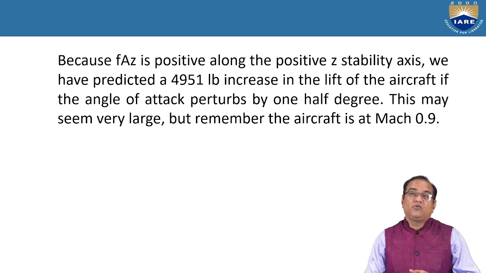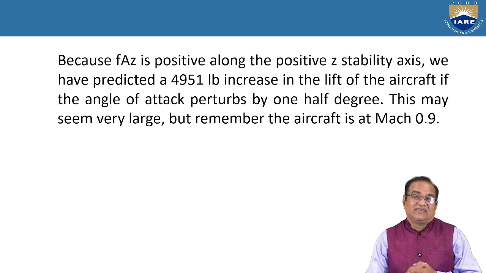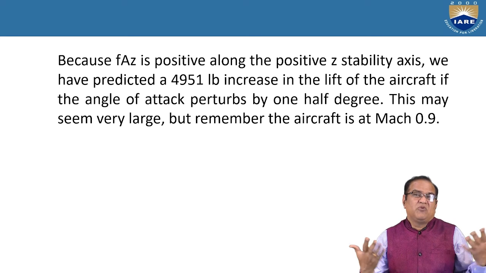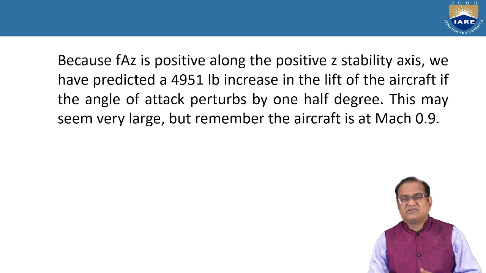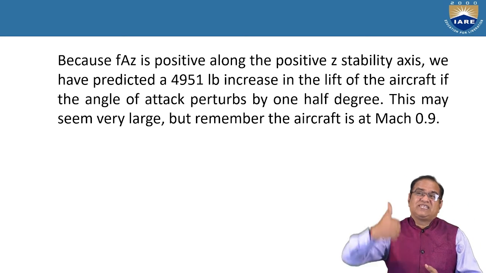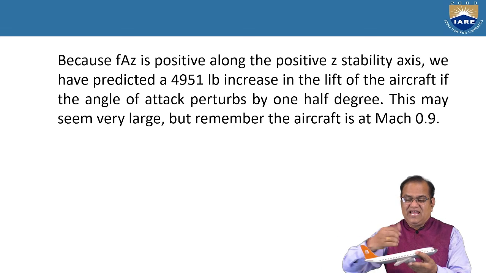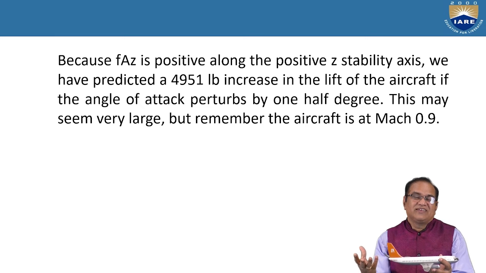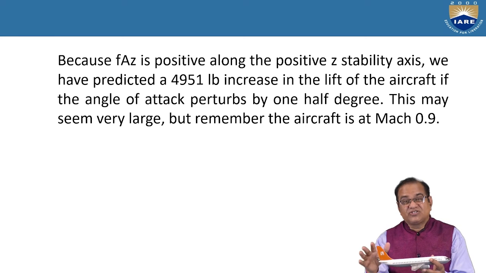So now we have to do the evaluating. We may feel it is very, very large, nearly 2 tons of lift generating in the upward direction. But how is it happening? It is happening due to the velocity.